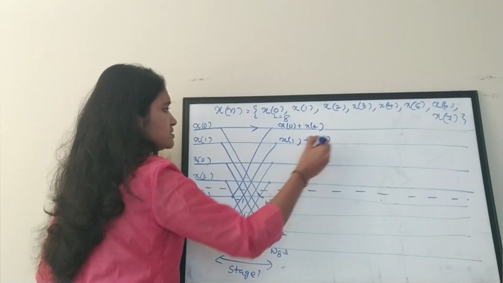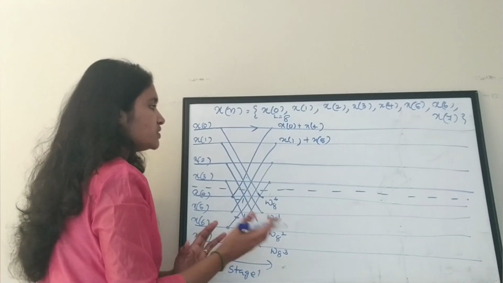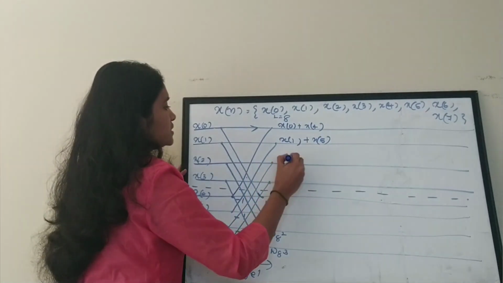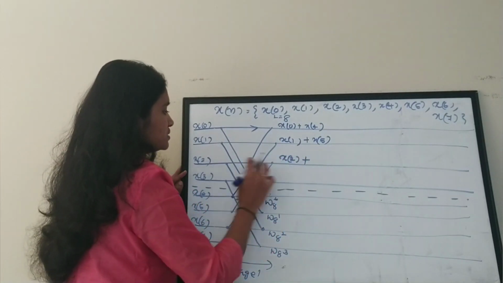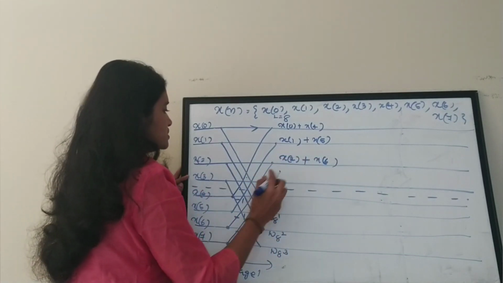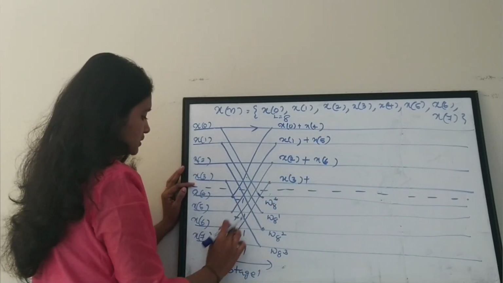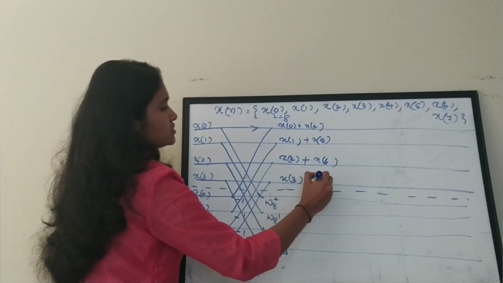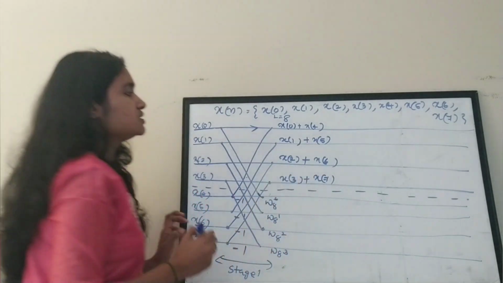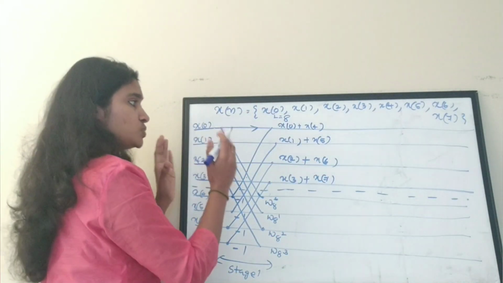So this is very simple if you just follow the diagonals, the branch weights and everything. So next one is, here it is x of 2 plus the second one is coming from x of 6. This is x of 3. Second one is coming from x of 7, right? So x of 7. So these are your 4 upper outputs for the stage 1.